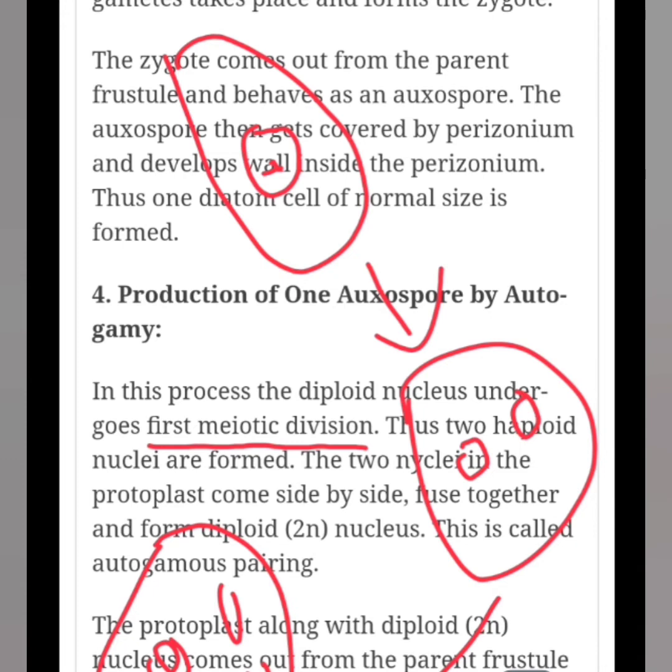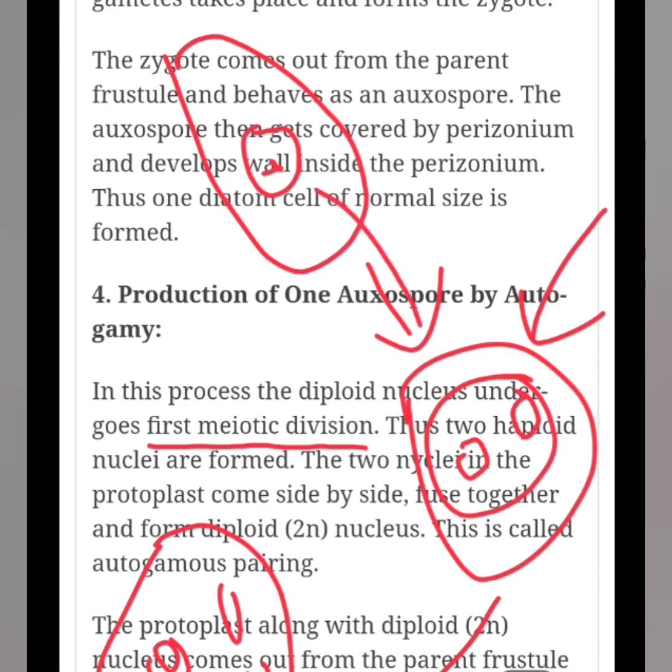So what happened here in the first division is that the 2 haploid nuclei in the protoplast come side by side, and after this they fuse together.